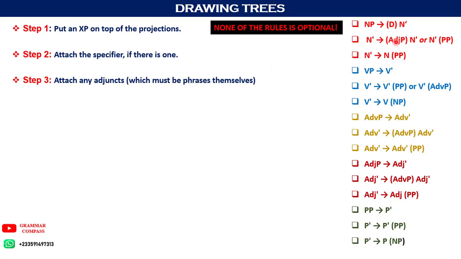So this is the second rule. In the noun phrase, if you are applying the second rule, check for adjuncts. If you see that there is an adjective modifying the noun, you must make sure that adjective on your tree is an adjective phrase modifying an N bar. So you will still apply your rules. Now, this is what you have to know when attaching adjuncts. First of all, each adjunct gets its own X bar mother and X bar sister.